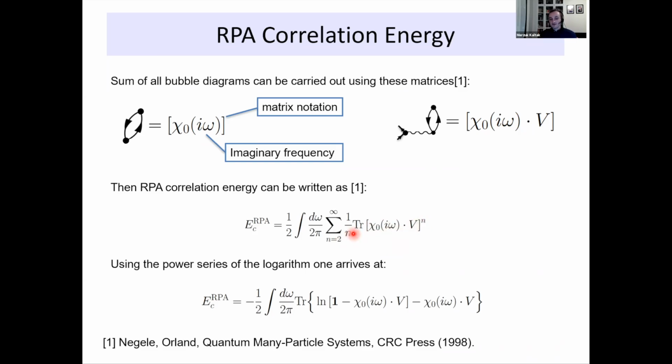And if you are good with power series, you will immediately recognize that this is the logarithmic series for this matrix here. So you can essentially arrive at this final form for the RPA correlation energy that traces this matrix logarithm and integrates over the imaginary frequencies. In the following, I will be discussing how to evaluate this integral most efficiently.